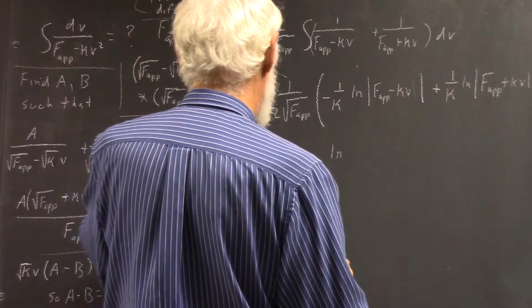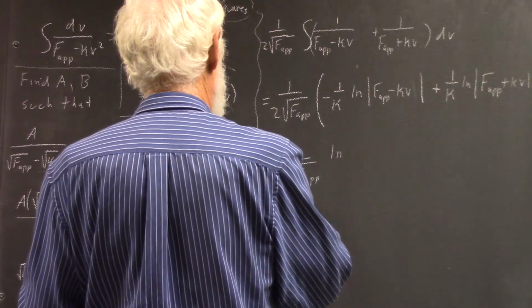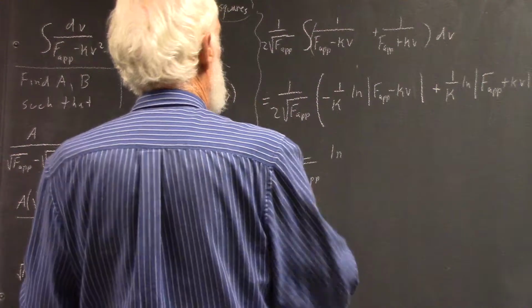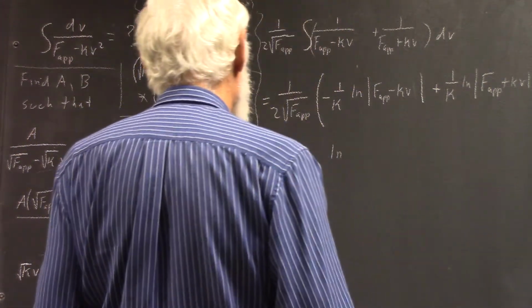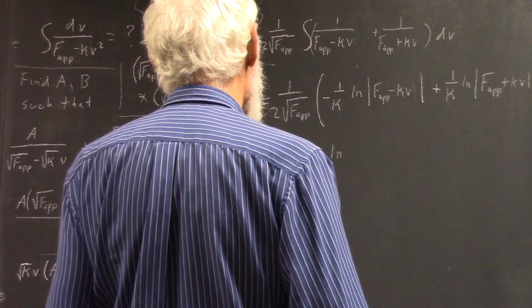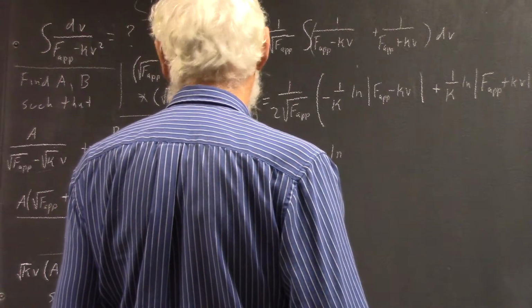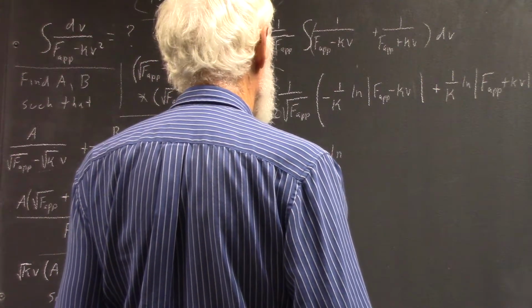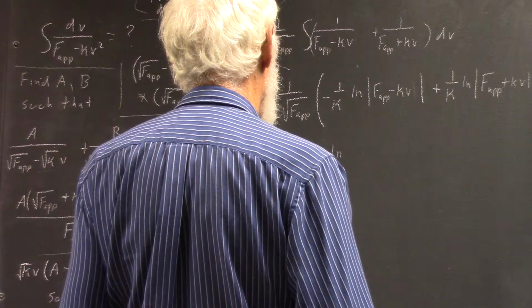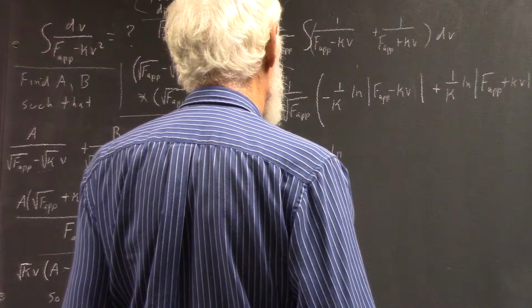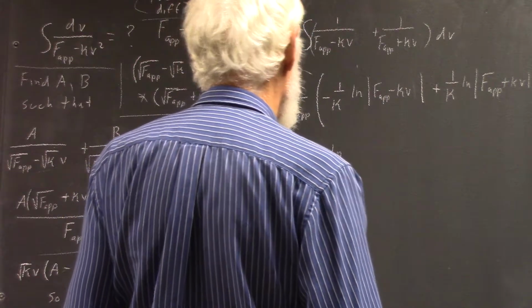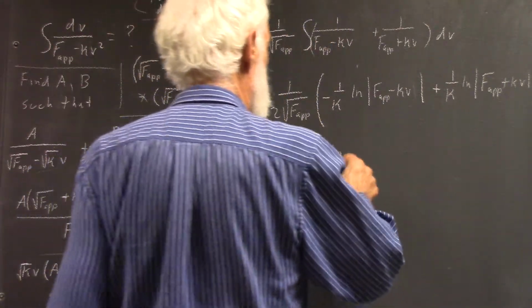2 kappa square root of f out. Okay? Which sort of bothers me, but not really.